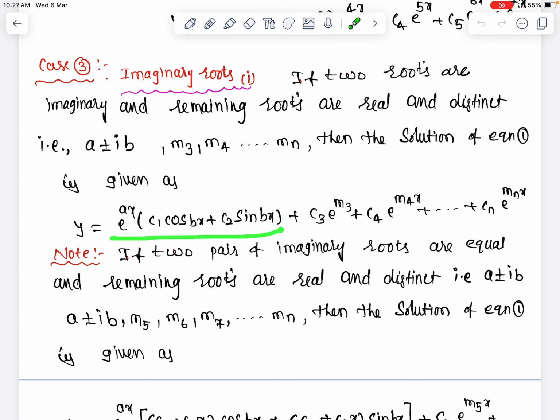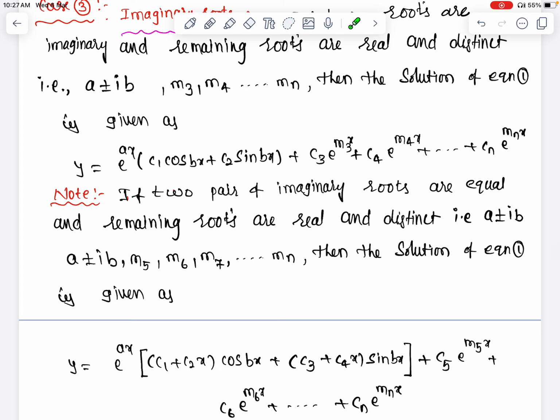It is the solution when roots are imaginary. Remaining roots are real and distinct, so then C3 e power m3x, C4 e power m4x, plus so on, Cn e power mnx. It is the general solution when two roots are imaginary, and the remaining are real and distinct.